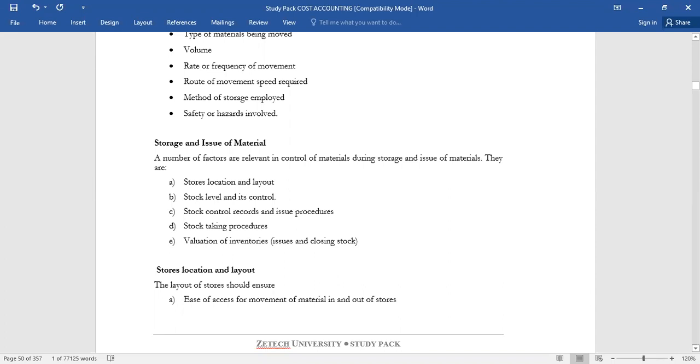So issuing the stationery, for example, let's say marker pen. Now it will be wrong if the store clerk issues marker pen to someone who is at the reception. What for? They are not lecturers, so they don't need the marker pens.